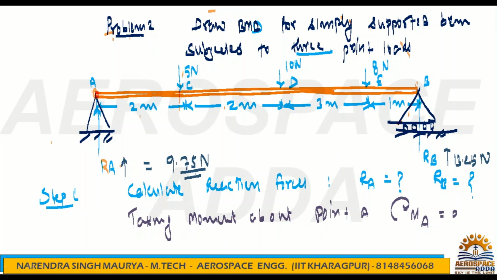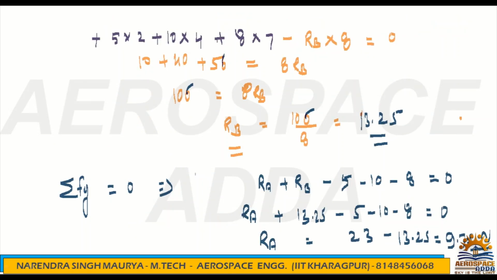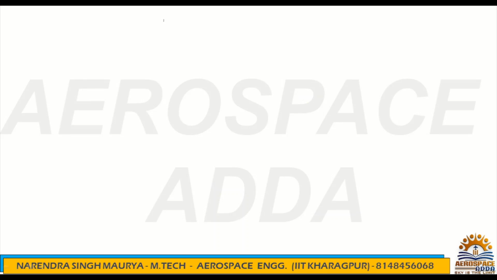Now once you have got all the forces for this beam, you will go for the calculation of moment. So now we have to write the bending moment calculation, because if you want to draw the bending moment diagram, first you have to go for the calculation.